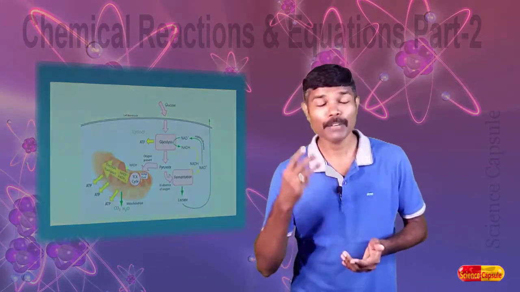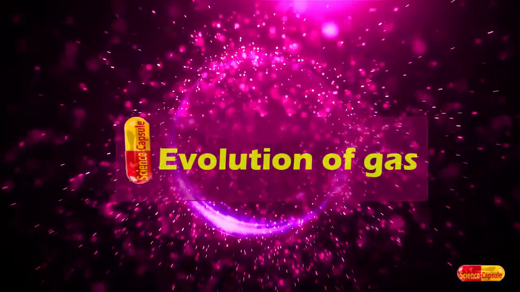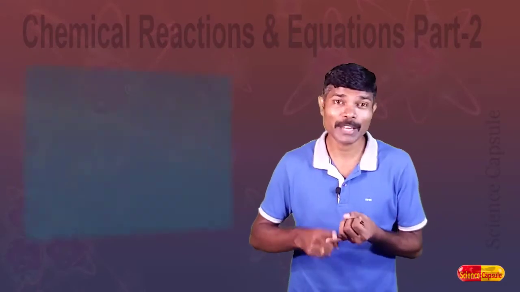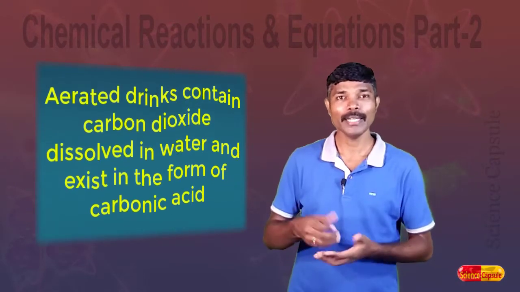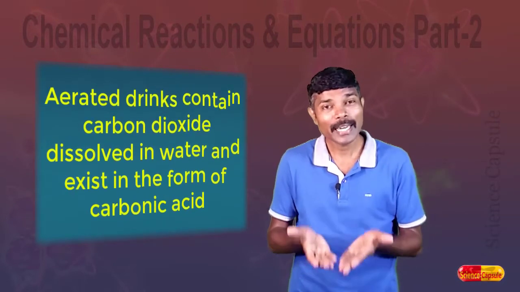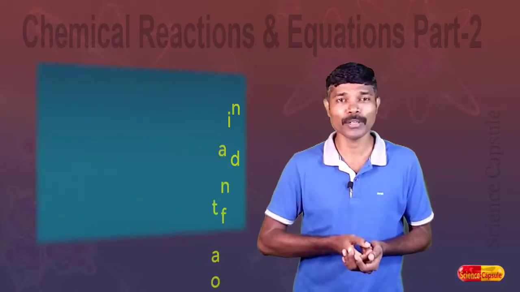Now we see another physical parameter which we use to identify a chemical change or a chemical reaction. When cold drinks such as 7-Up, Coca-Cola and other aerated drinks are opened, we can see evolution of gas. It is a chemical reaction by which carbon dioxide is released from the solution.